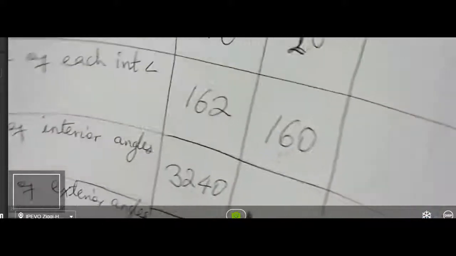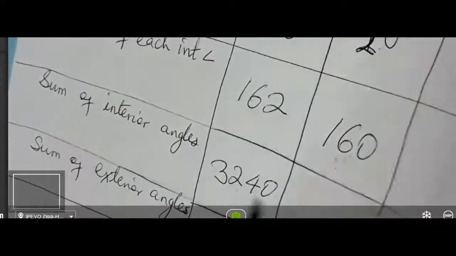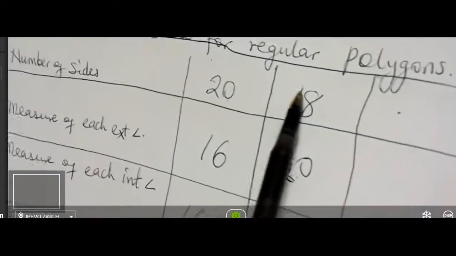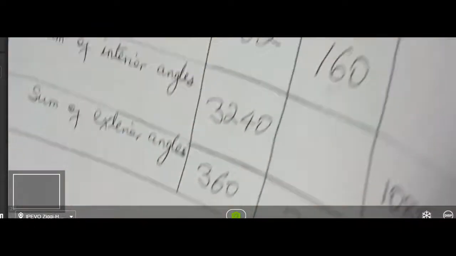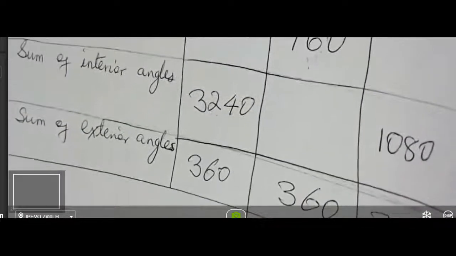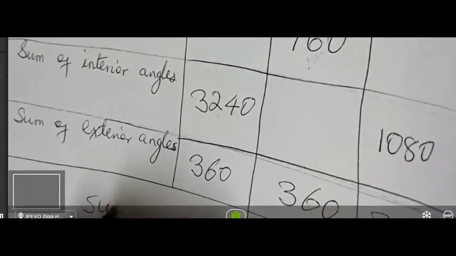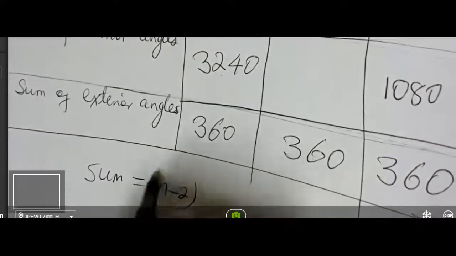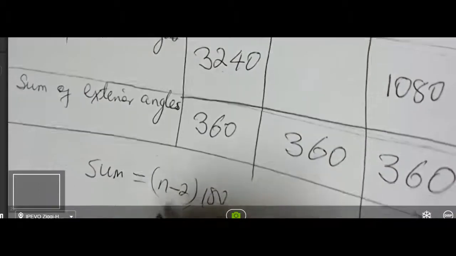Okay, so we can find the sum of the interior angles using the same formula. Now that we know the number of sides to be 18, we can use that same formula to find the sum. The sum is the number of sides minus 2, then multiplied by 180.